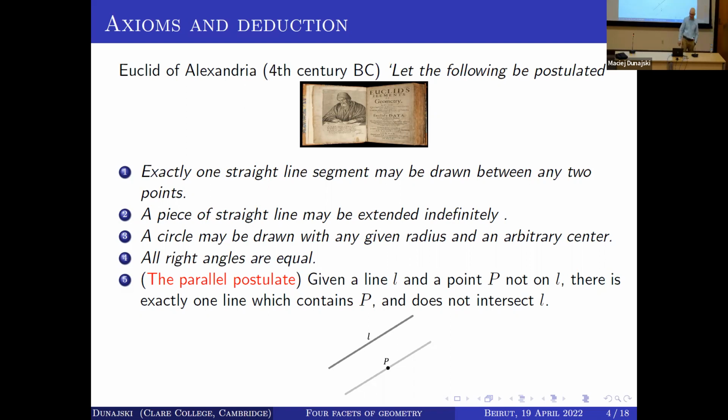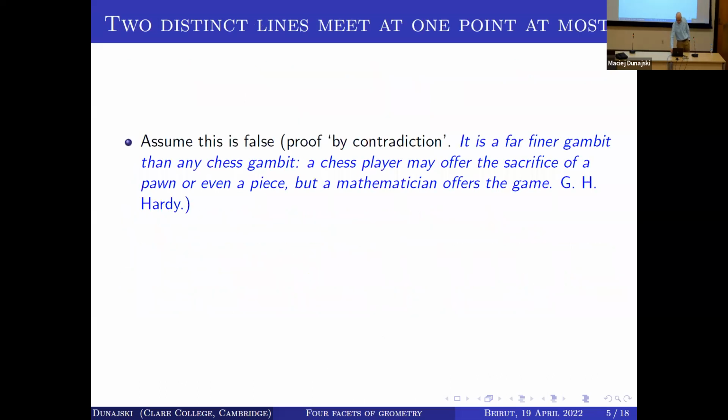And there was another group of people who claimed that this axiom has to be added as independent, because if you don't add it, then there might be examples of other geometries which satisfy the first four axioms, but not the fifth.